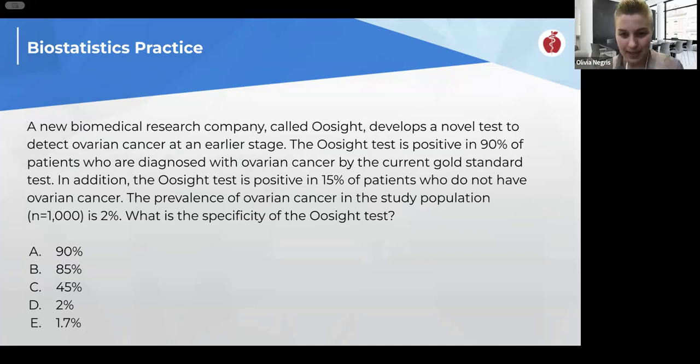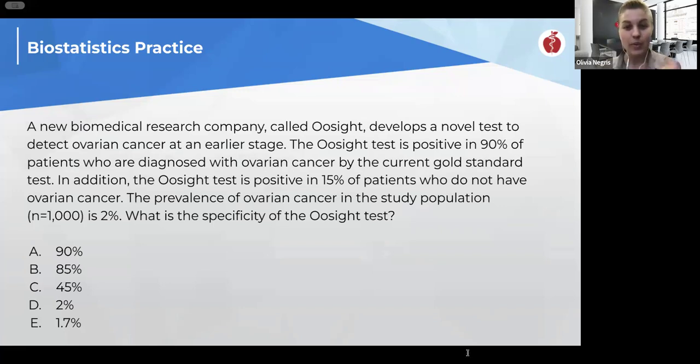So here, let me put this in the chat so everyone can follow with me. I'm going to put where I'm going along with. Perfect. I see Alina was putting this in too. So we know that specificity plus our false positive rate has to equal 100%. Hopefully everyone followed me through that bit. So if we rearrange that equation, specificity equals 100% minus the false positive rate.